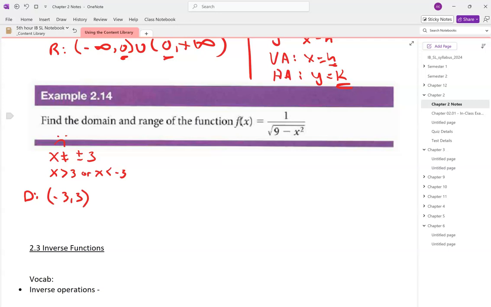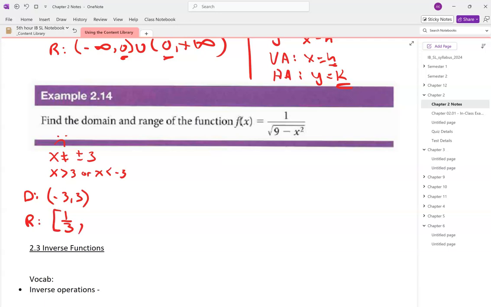So I know that the biggest number out of the square root is 3, so the smallest number for f of x would be 1/3, right? Because the biggest denominator is going to be the smallest number. Everybody agree with that?